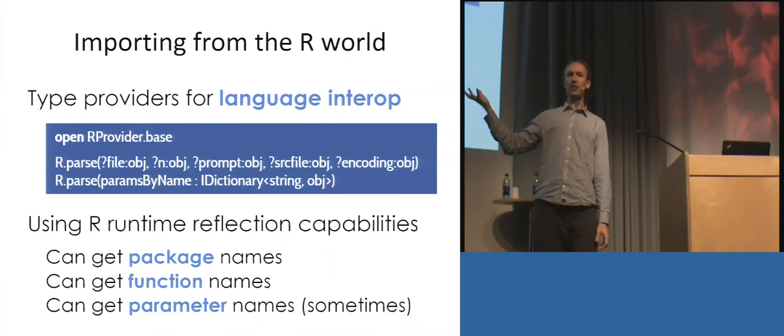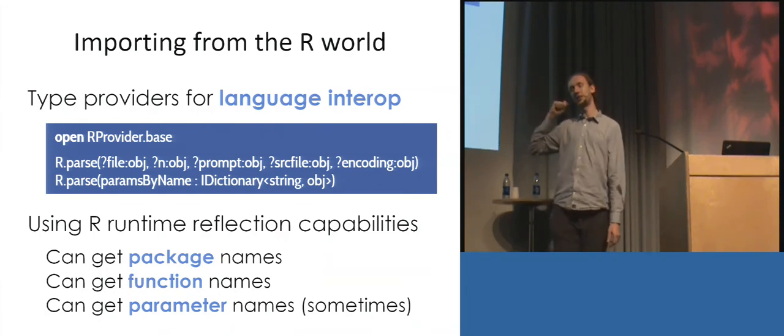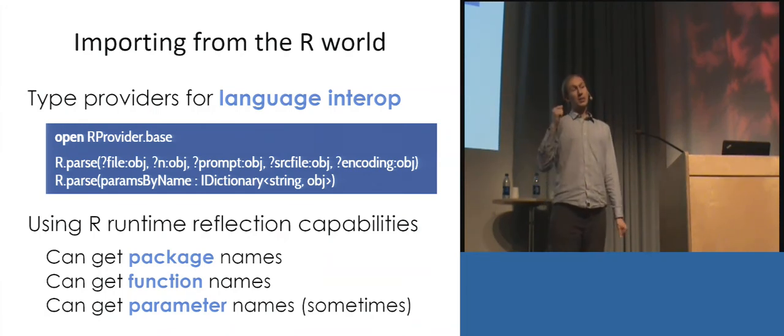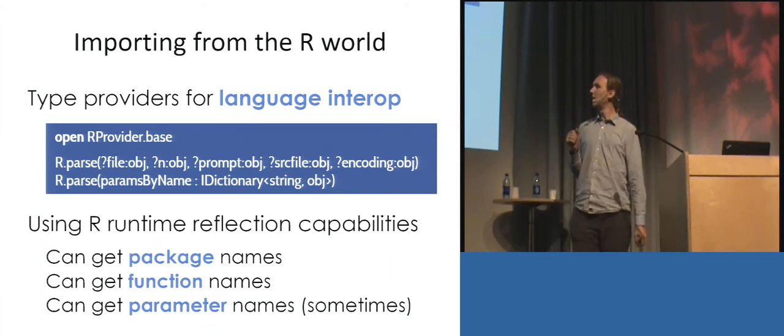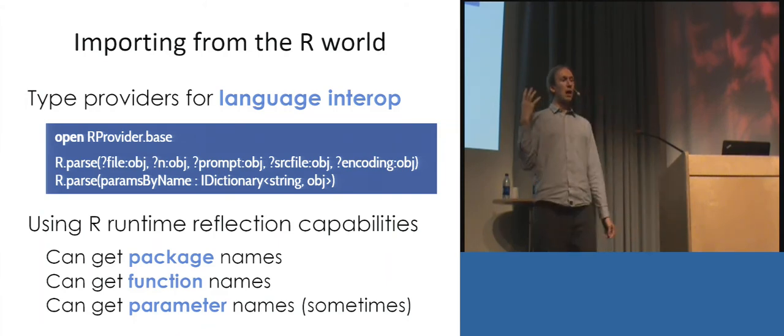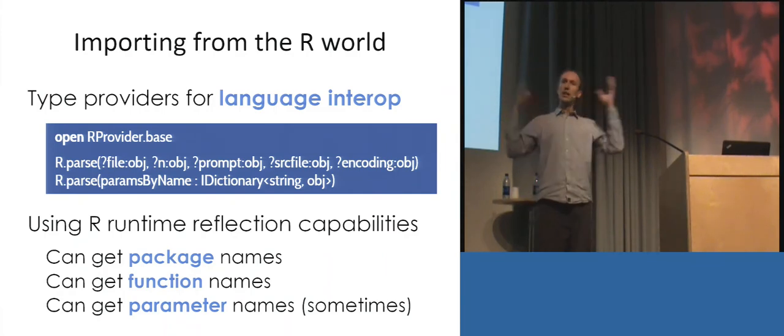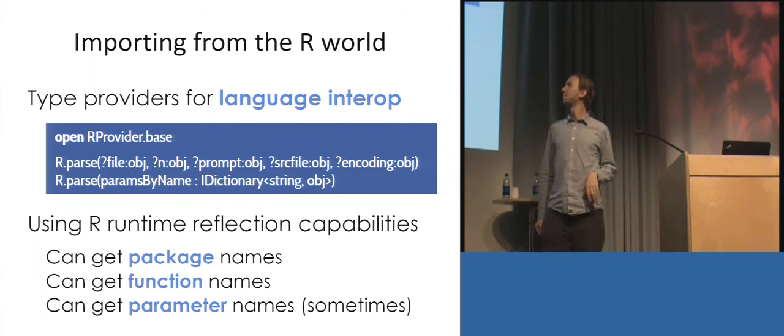You can use the reflection capabilities to get all the packages and all the functions. You can ask it what are the parameters of the function, and when the function actually declares this, it will give you the parameter list. But sometimes R functions can take arbitrary parameters, and you can't really infer that.